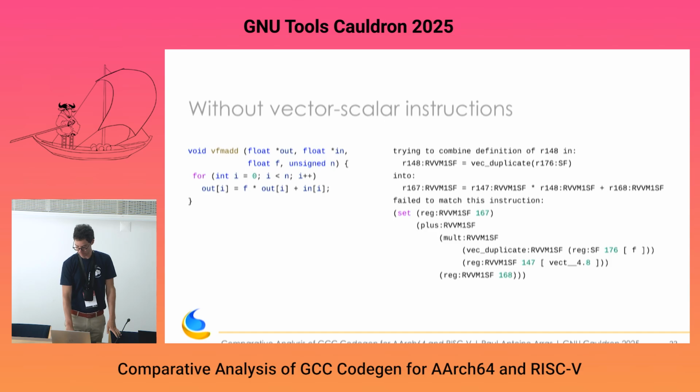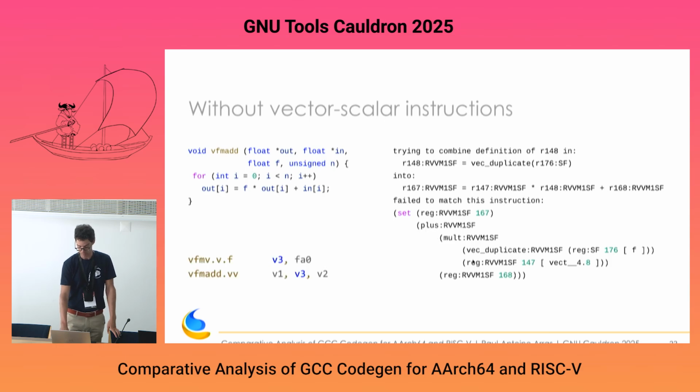So you get the vec duplicate here to do the broadcast, and you want to combine that, here this is the R148, to use it directly in this instruction. But for a simple reason, in the machine description of RISC-V, there was no pattern matching this. It's not that difficult. It's just a set plus mult with a vec duplicate.